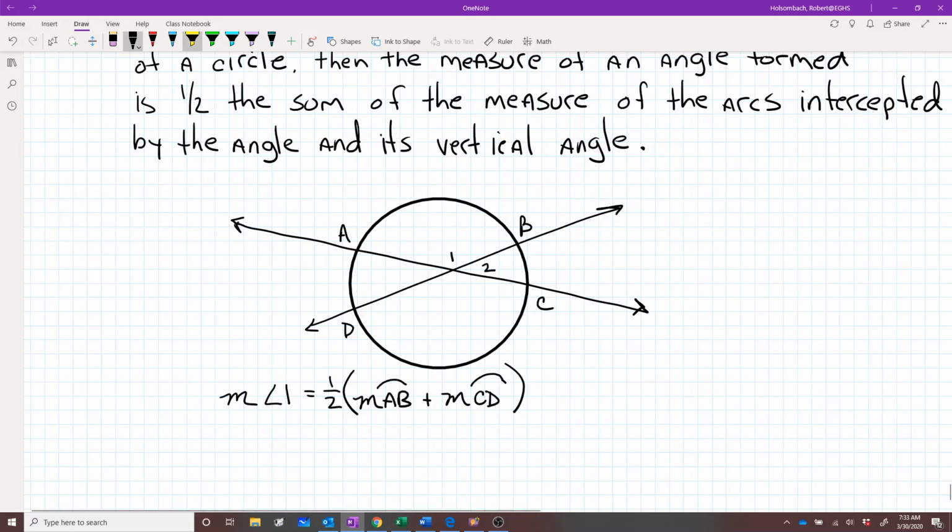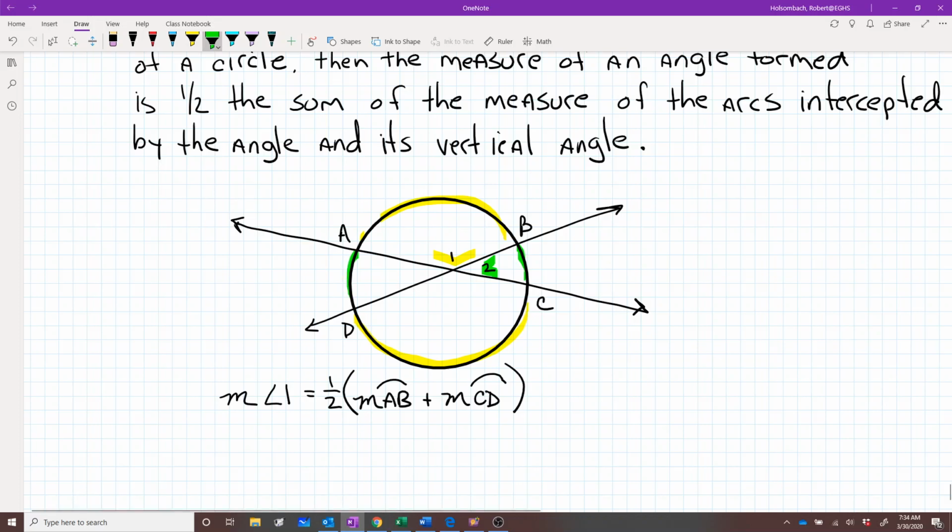So the measure of angle 1, angle 1's right here. The measure of this angle is equal to 1/2 this arc plus this arc. And the measure of this angle 2, the measure of angle 2 right here, would be equal to 1/2 of arc BC plus arc AD.